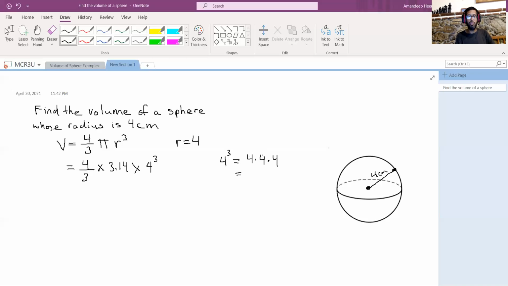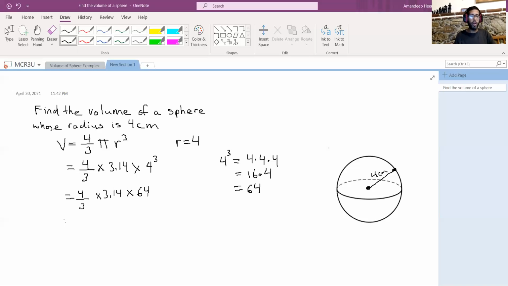If we take the first two 4s and multiply them together, we get 16. And don't forget the third 4, so we multiply by the third 4. 16 times 4 is 64. So now we can replace 4 to the power of 3 with 64, and we get 4 over 3 times 3.14 times 64.